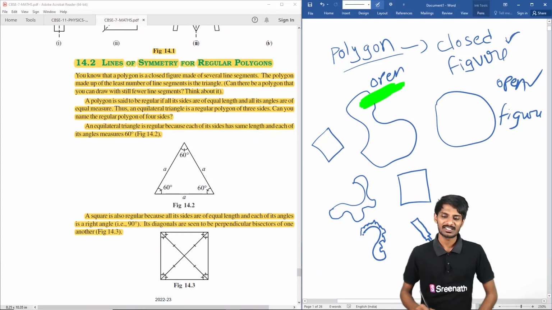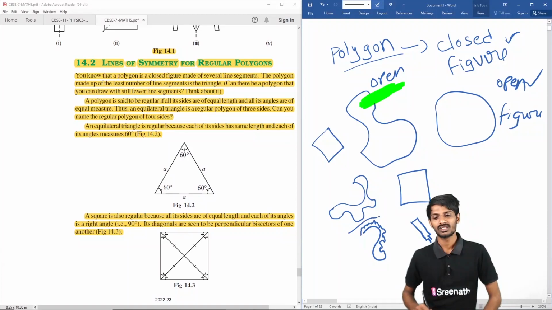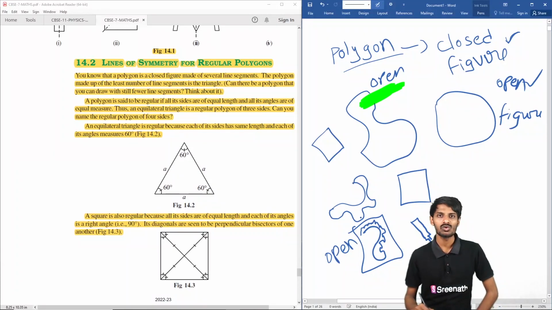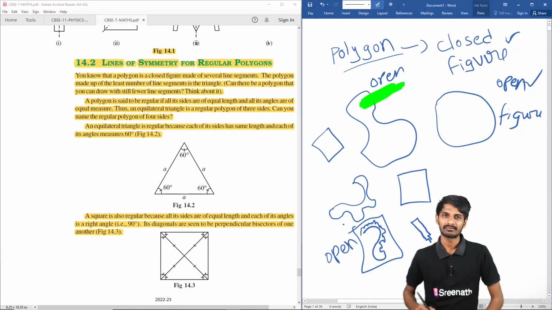If you look at this space, there is a small opening here. So what is it called? It is an open figure. It is not closed. It has the opening.